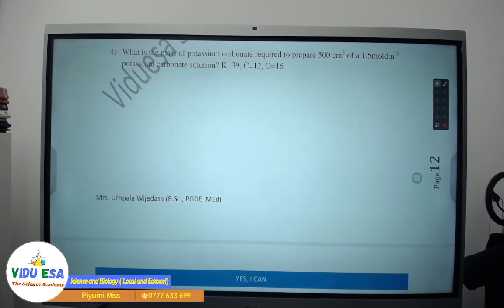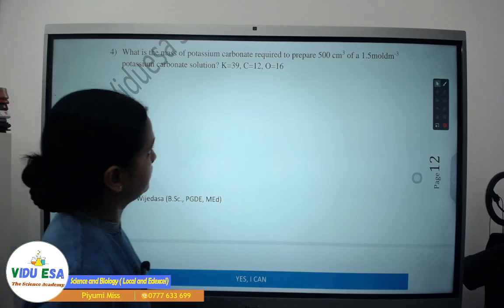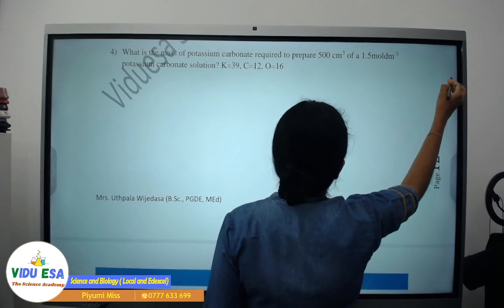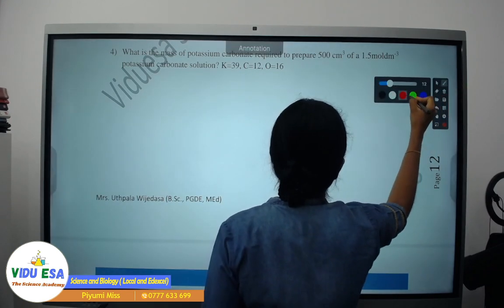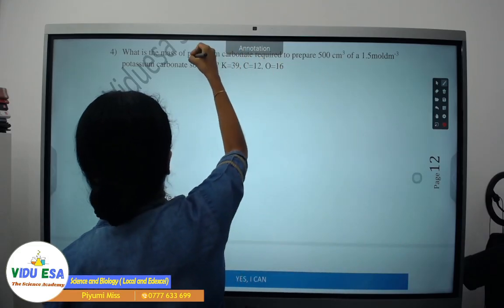Okay, let's check your answers. What is the mass of potassium carbonate required to prepare 500 cubic centimeters of the potassium carbonate solution?